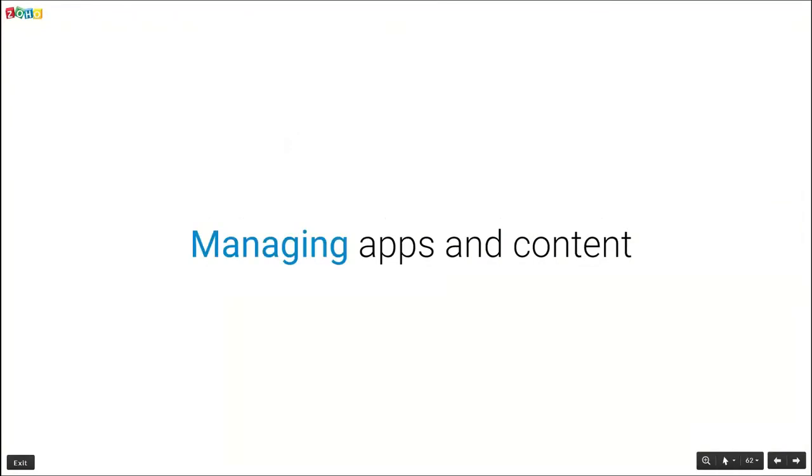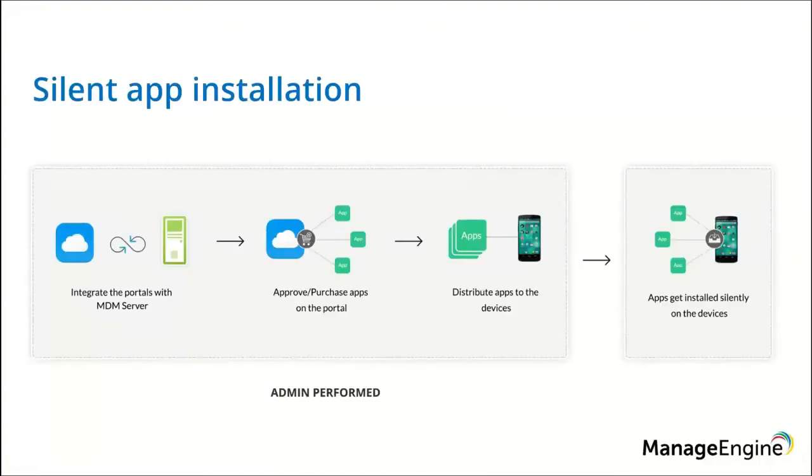Now that we have seen the management of data on the device, we will see how to deploy applications or content from MDM to the devices. First, we'll see how to deploy applications from Apple Business Manager to the Mac devices. So the silent app installation workflow is similar to the previous session. You first have to integrate your Apple Business Manager portal with the MDM server, and then you need to purchase all the applications on ABM.